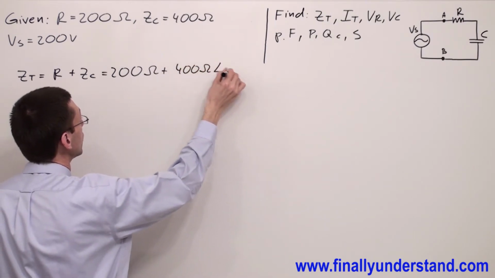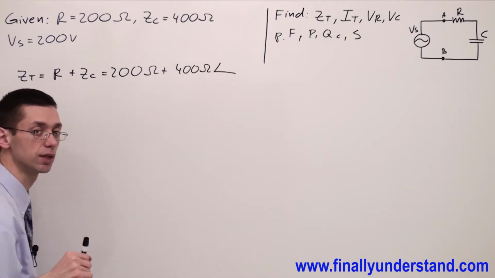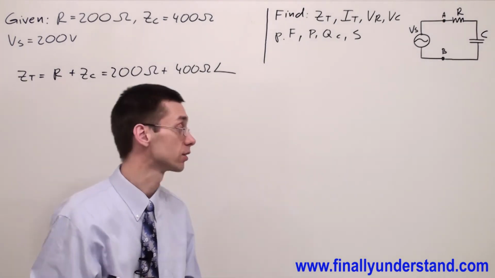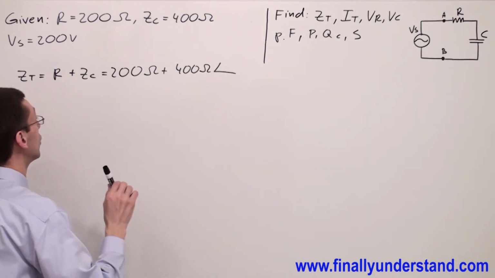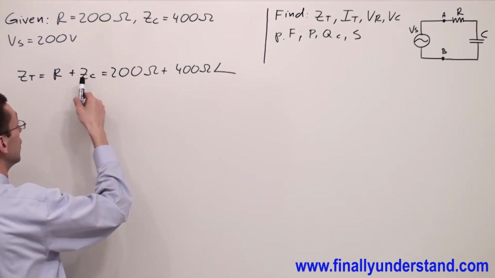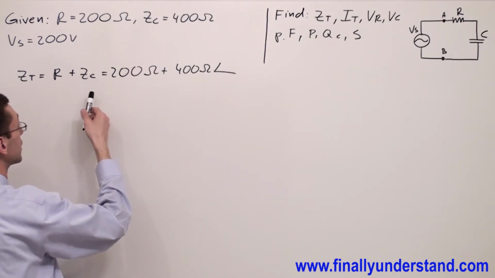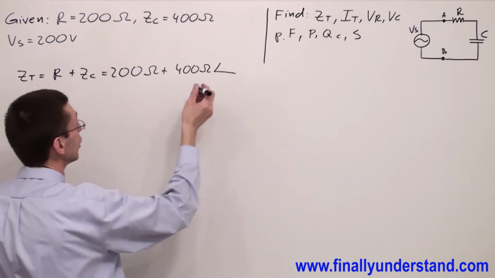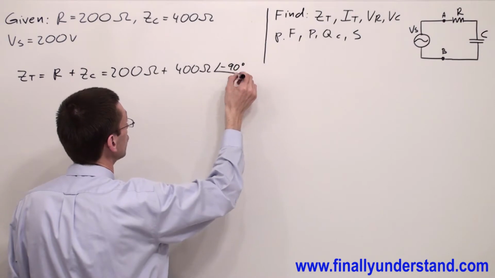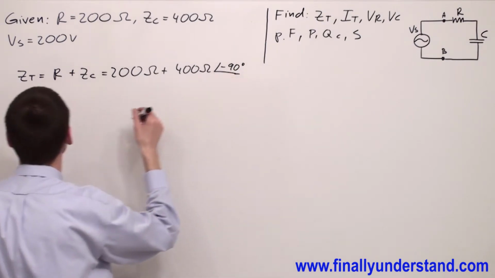400 ohms. But remember, the impedance of the capacitor, also called capacitive reactance, means exactly the same thing. It always goes with an angle of negative 90 degrees, so you cannot forget about this angle.